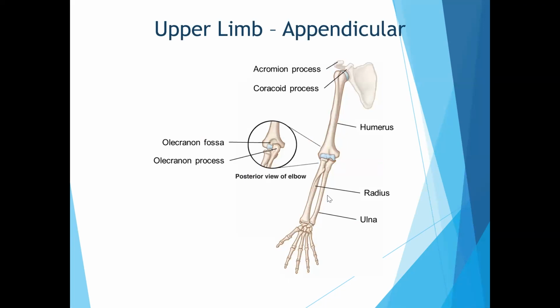I don't know if you guys have ever heard of the terms radial deviation and ulnar deviation, but radial deviation is when we move our wrist towards our thumb. Ulnar deviation is when we move our wrist towards our pinky. So the radius is thumb side, ulna is pinky side, and those work together to give us our forearm movements.